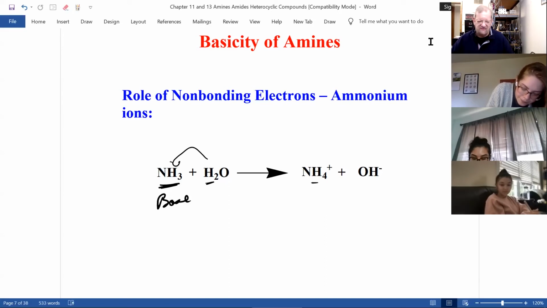That's the word I was looking for. Dr. White just had a brain freeze there for a second. Sorry. But anyways, ammonia is a base, proton acceptor.